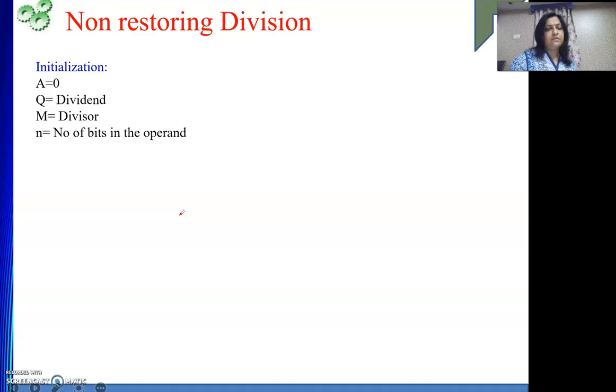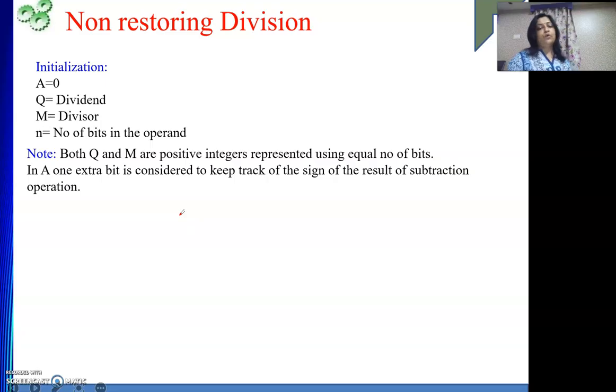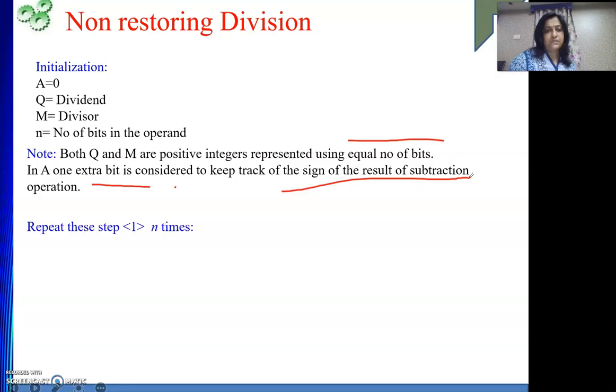So whenever you are doing subtraction or addition of M with A, consider that extra bit also. Both Q and M are positive integers represented using an equal number of bits, and one extra bit is considered to keep track of the sign of the result.